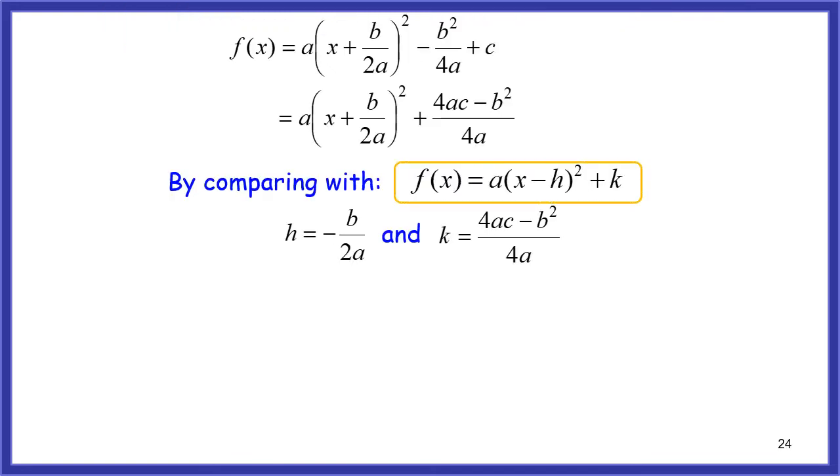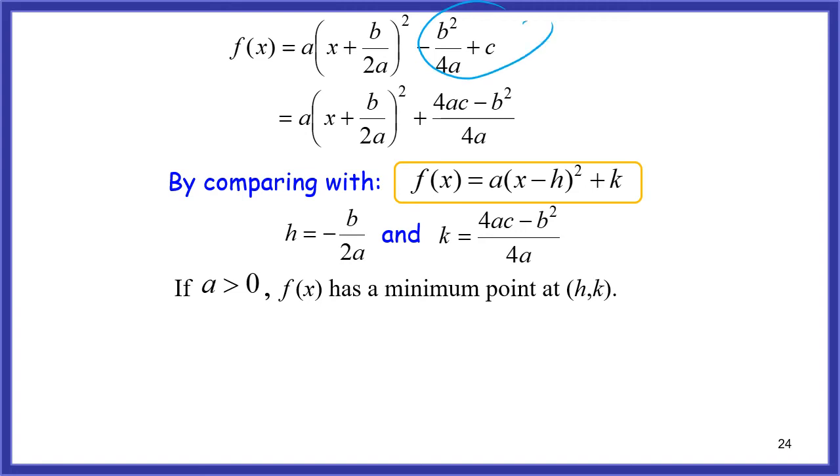After we simplify the constant on the right side, what do we have? This is a constant, right? This is a constant. What we need is to open the bracket. So we have a multiplied by (x + b/2a) all squared only. By comparing with f(x) = a(x - h) squared plus k, which is what you learned in high school, the completed square form.